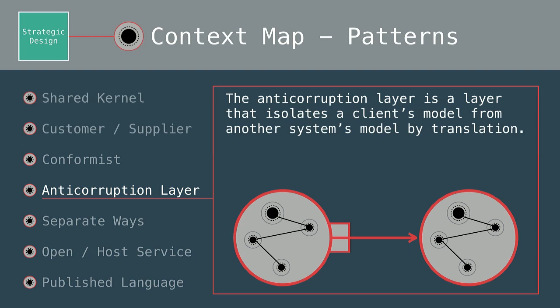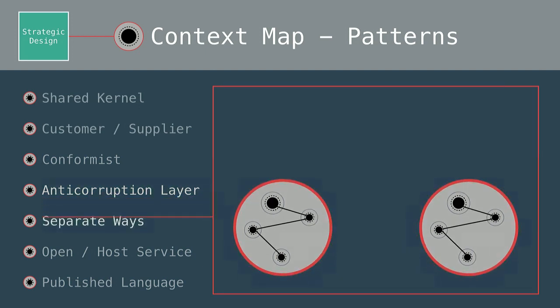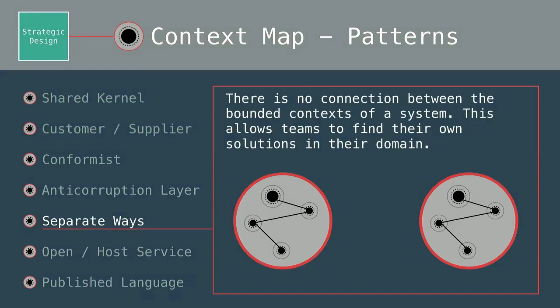And something that we actually want to do with our microservice idea and with cloud-native applications or self-contained systems is that we don't see a lot of connection between the bounded contexts of a system. So every team can find their own solution to their domain.